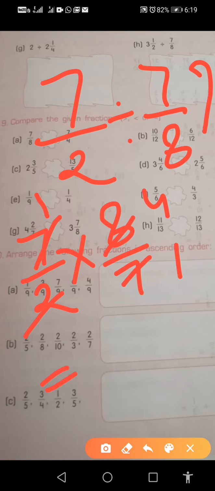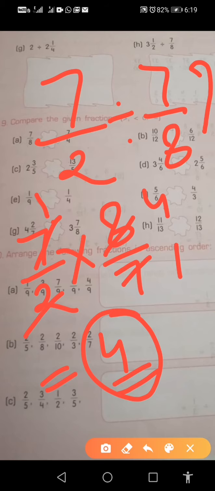The fraction will be 1 4s are 4, 1 1 is 1. You can write 1 as you wish or not, but the denominator will remain 4.